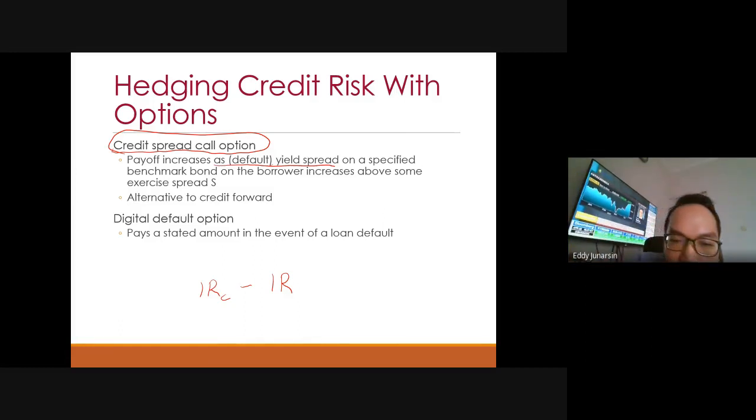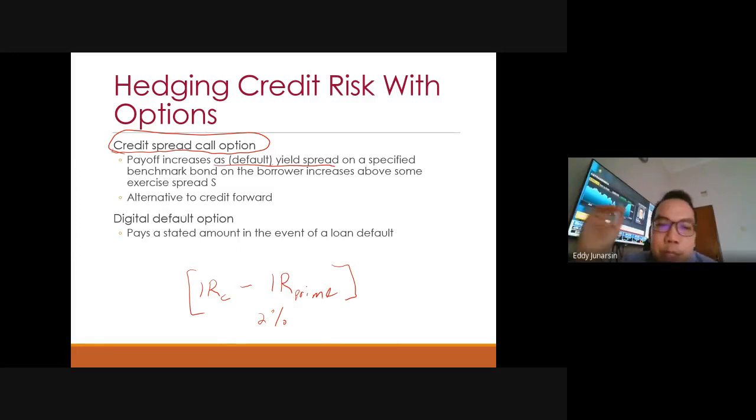Prime borrower. This is the prime borrower, meaning the credit-worthy borrower or the good quality borrower, right? So you have the spread here. Let's say the spread is maybe 2%, okay? 2%.